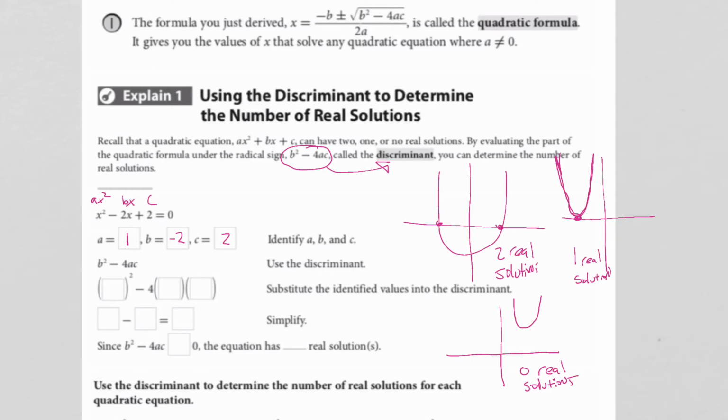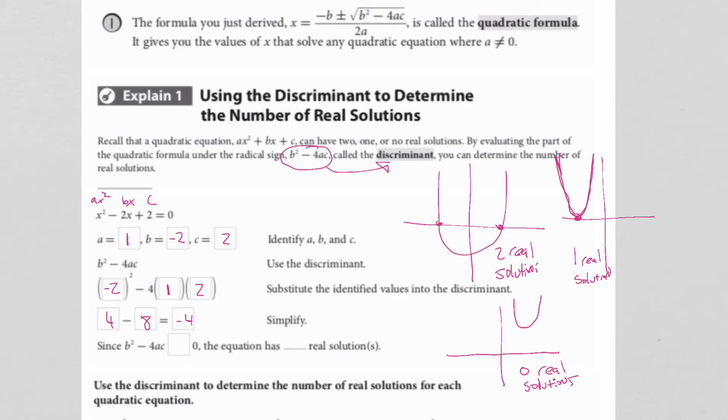So we plug in the numbers to the formula. It's going to be negative 2 squared minus 4 times a times c, and you're going to get essentially 4 minus, I believe, 8, which is going to be equal to negative 4.